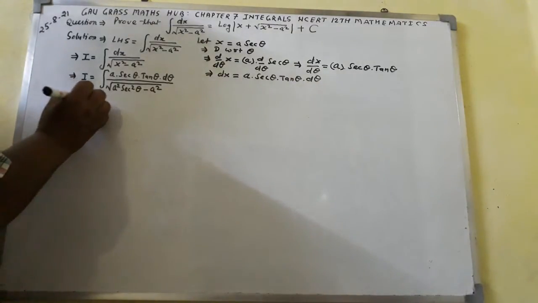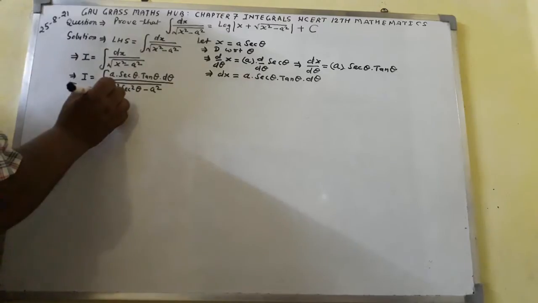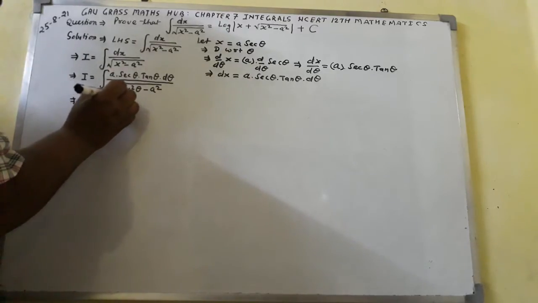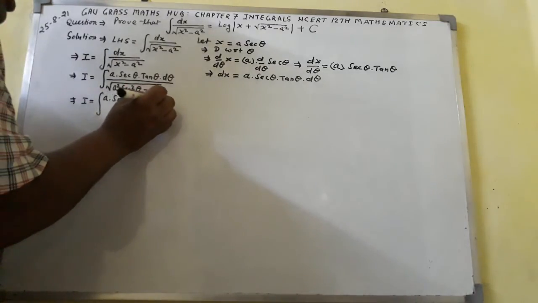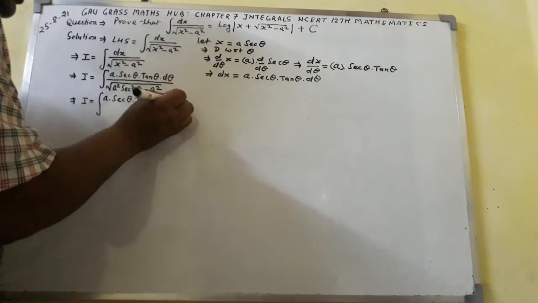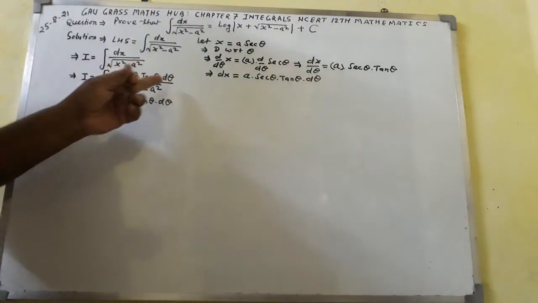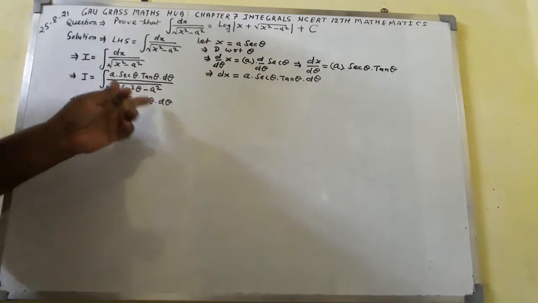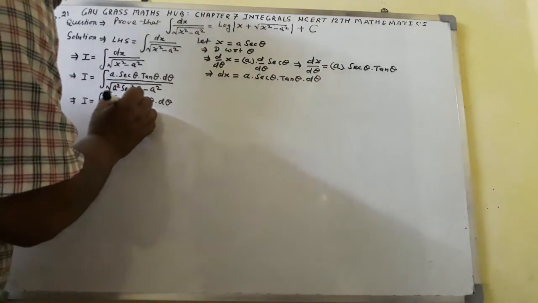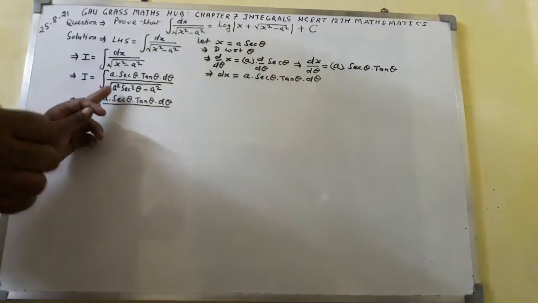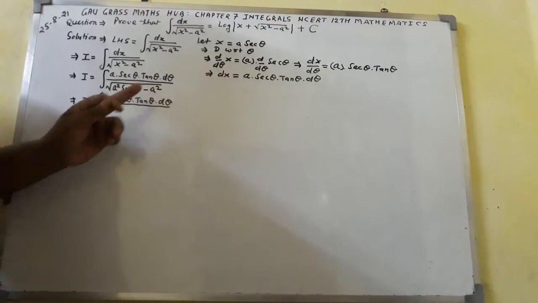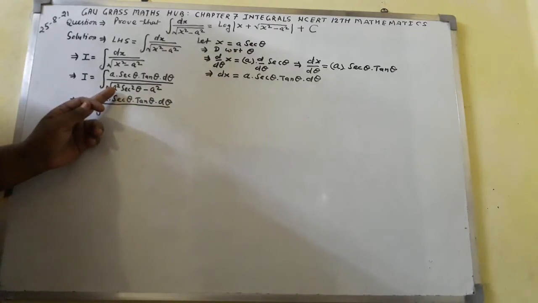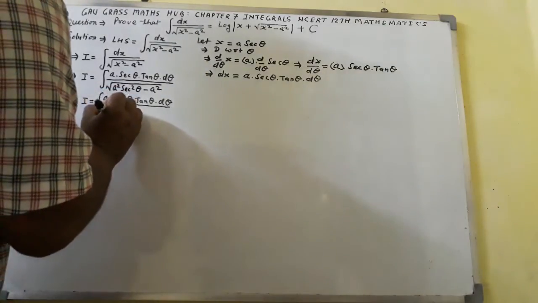Next I shall write I equal to the integral of a sec theta tan theta d theta. The numerator I have written the same as given at this place. Whole over: the first term is a square sec square theta, the second term is a square. You can easily take a square as common. Under root a square comes out to be a.